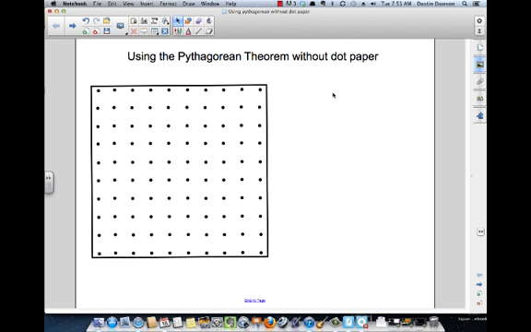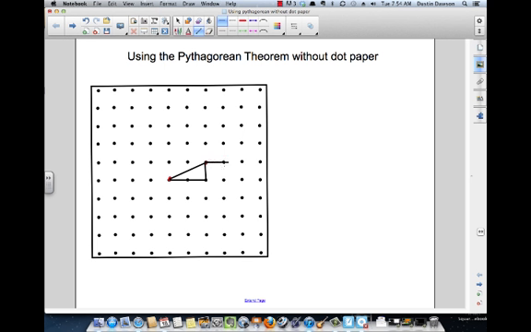Some of you probably already figured this out, but one last time, we have learned that we can use this dot paper to find the distance between 2 points by connecting the dots, making a triangle, a right triangle. This only works with right triangles. That is really important to know.